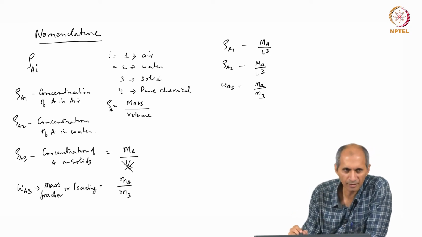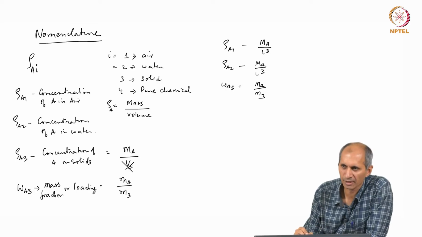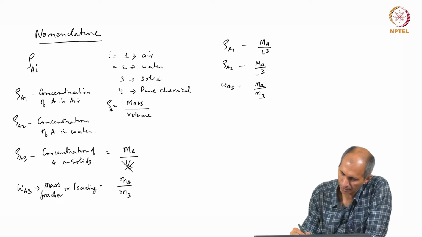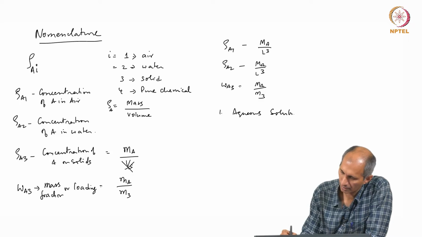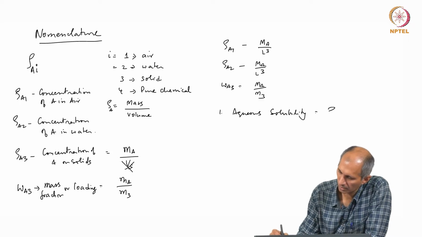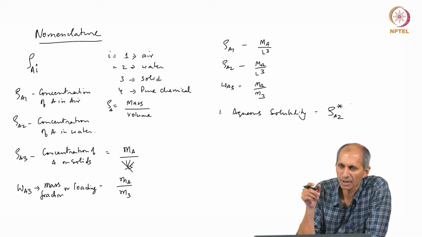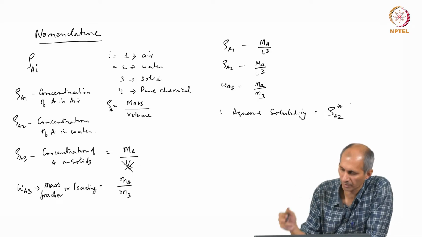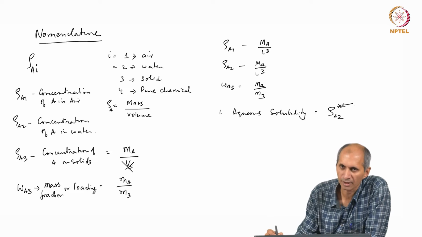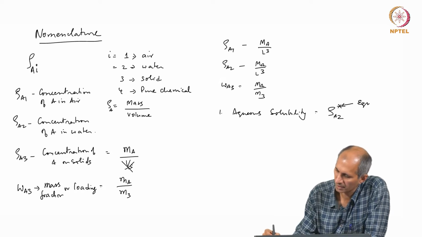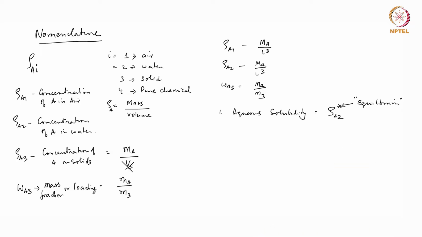In this context, when we apply this nomenclature to what we did in the last class, we had three physical properties. The first one is aqueous solubility. We call it rho A2, but we indicate that it is an equilibrium property by putting a star there. Whenever this star appears anywhere, it relates to equilibrium; some mention of equilibrium is there.